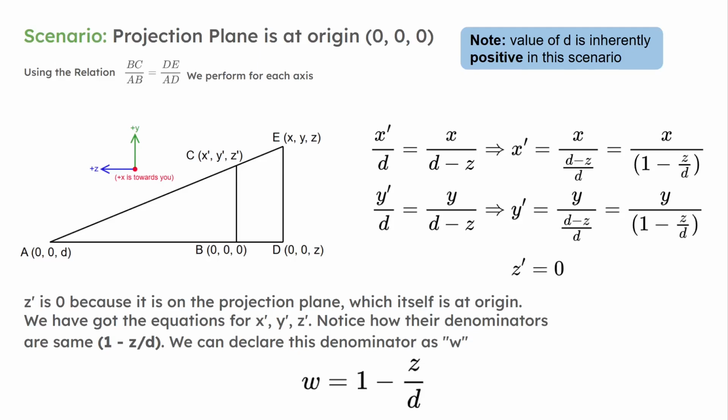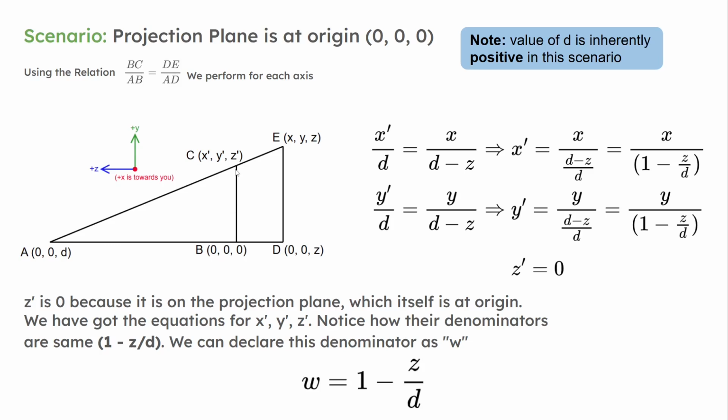Now we will look into another case where the projection plane itself is at the origin. So we will look into this diagram from before. We already know the distance between the projection plane and this COP is indicated by d. We'll take it into mind. And the base of this triangle is the z-axis. So every x and y value on this baseline is 0, 0.